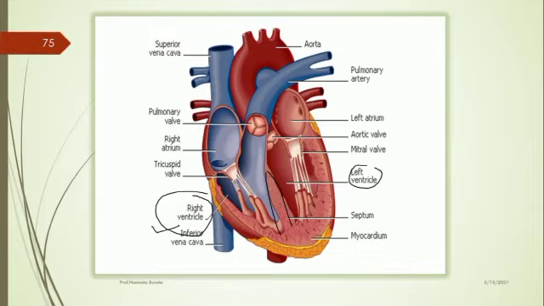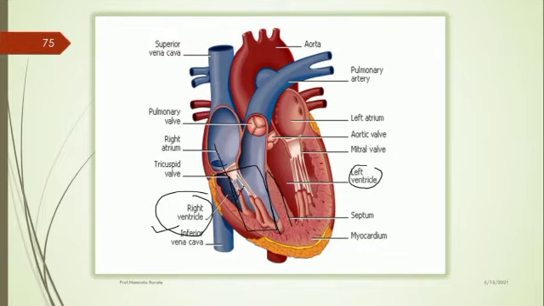First of all, we see this right ventricle. The right ventricle is smaller in size. You can see here, it's smaller in size as compared to the left ventricle. The right ventricle receives deoxygenated blood from the right atrium.